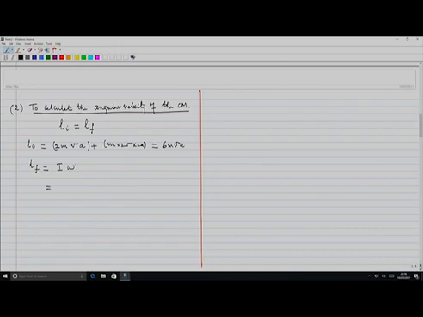For this moment of inertia, the mass 2m will contribute, mass m will contribute, and also the rod will contribute because the entire thing will rotate.